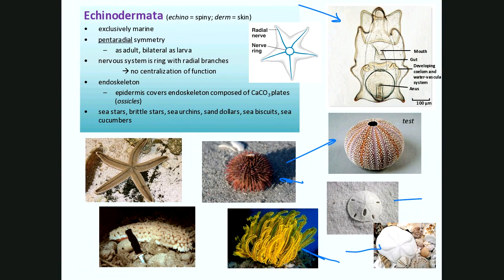Sea cucumber, the knife is there for scale, folks. It's not holding it in place. Obviously, we've got radial symmetry here, and here. Don't really have radial symmetry there at all. But if we look at the larvae of echinoderms, they are actually bilaterally symmetrical. So it's got a front and a back, a left and a right, a top and a bottom.